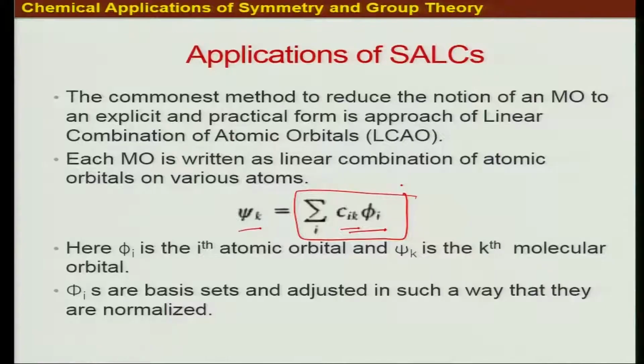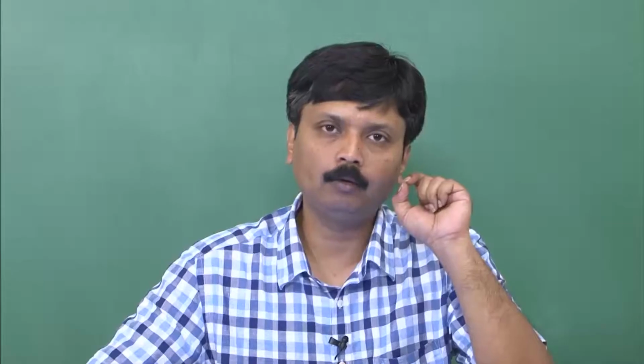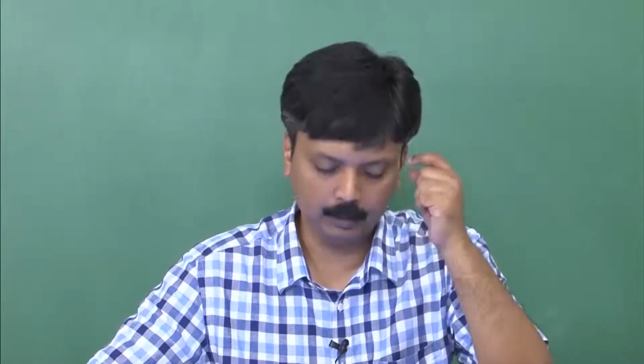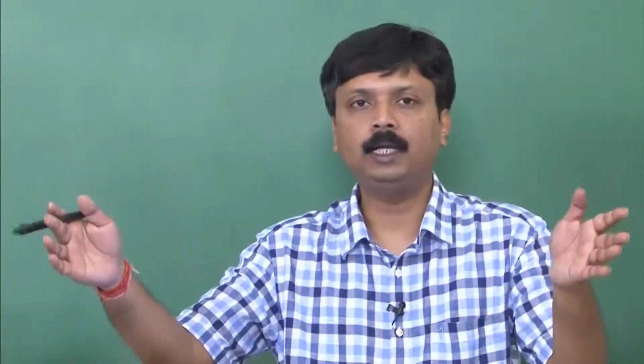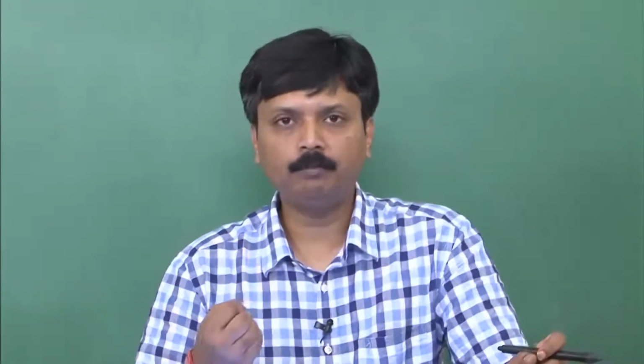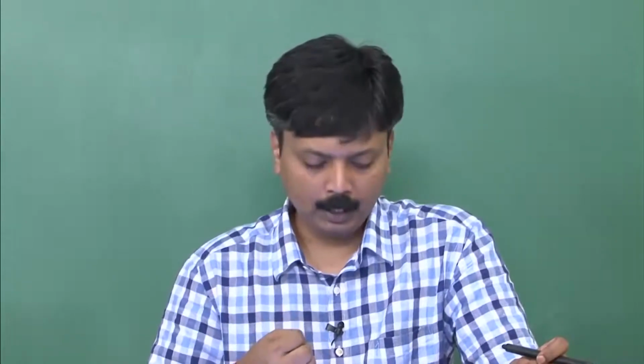Now these phi i's represent the atomic wave functions or atomic orbitals here. So they act as the basis function. All the atomic orbitals, that is the complete set of the phi i's, act as the basis set. And we would always like to work with an orthonormal basis, a set of orthonormal functions as my basis.